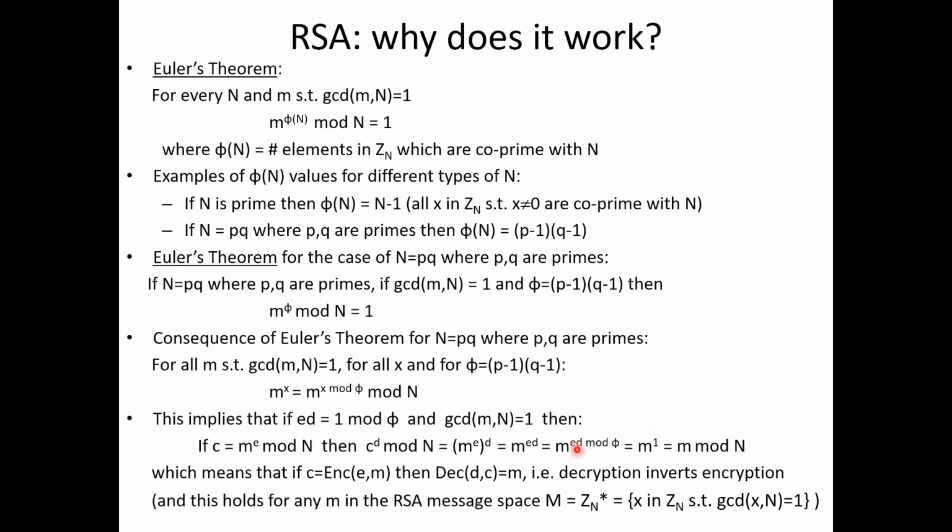So that's why this expression guarantees that if you take anything in the message space and encrypt it, and then the recipient takes that and decrypts it, the result comes back to be m. Okay?